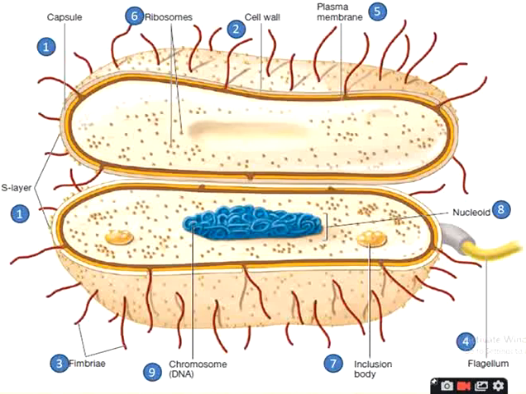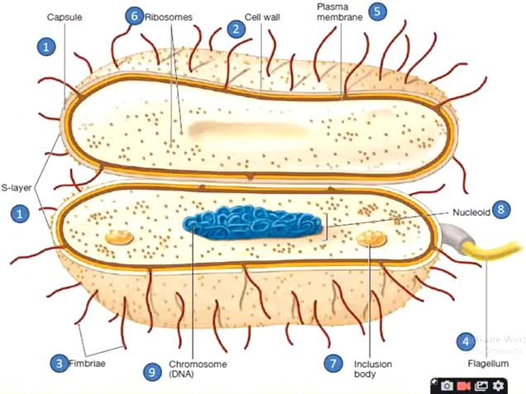Is it okay? First, the outermost covering is the capsule. Now beneath the capsule there is a cell wall. Beneath the cell wall there is a plasma membrane, also called the cytoplasmic membrane.